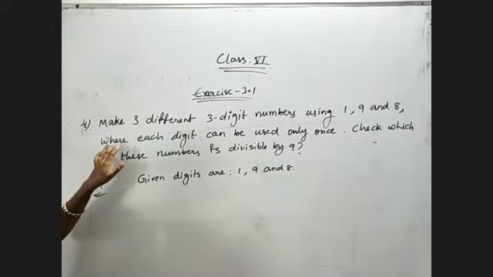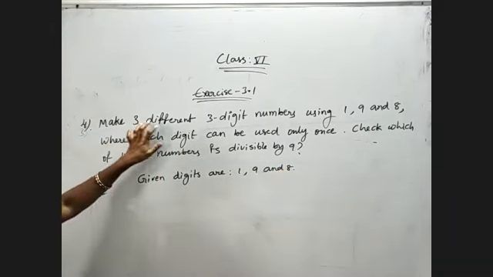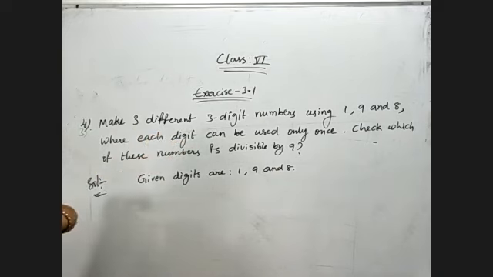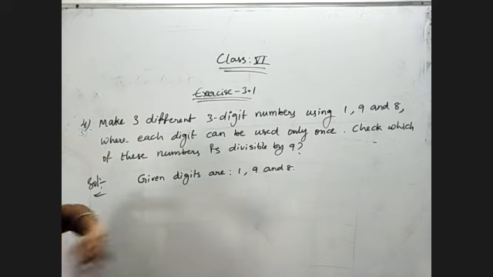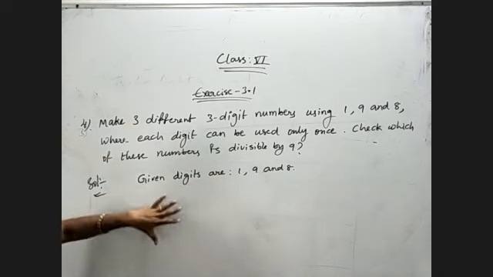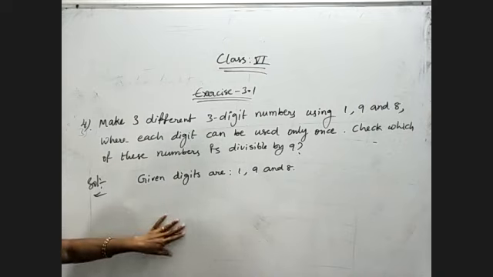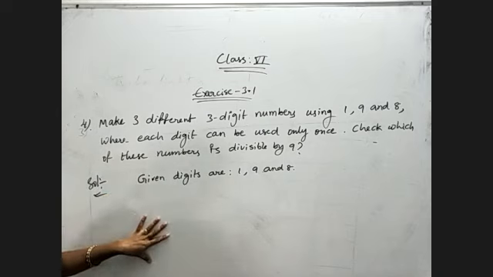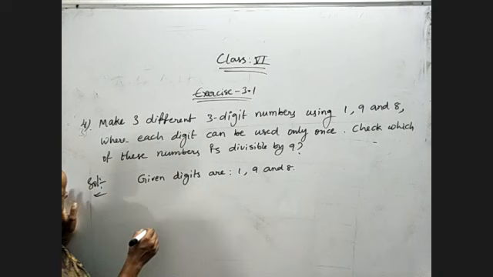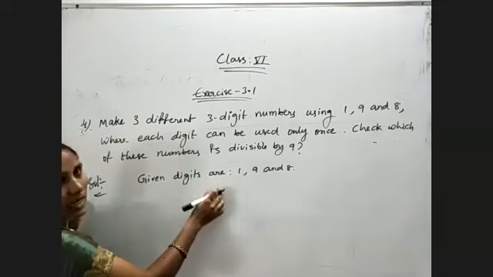Now we need to form three different numbers using those three digits, and we need to use those digits only once. Check which of these numbers is divisible by 9. After getting those three numbers, we need to check the divisibility rule of 9. Sum of the digits we need to check. So first of all, form the three different numbers using these three digits.